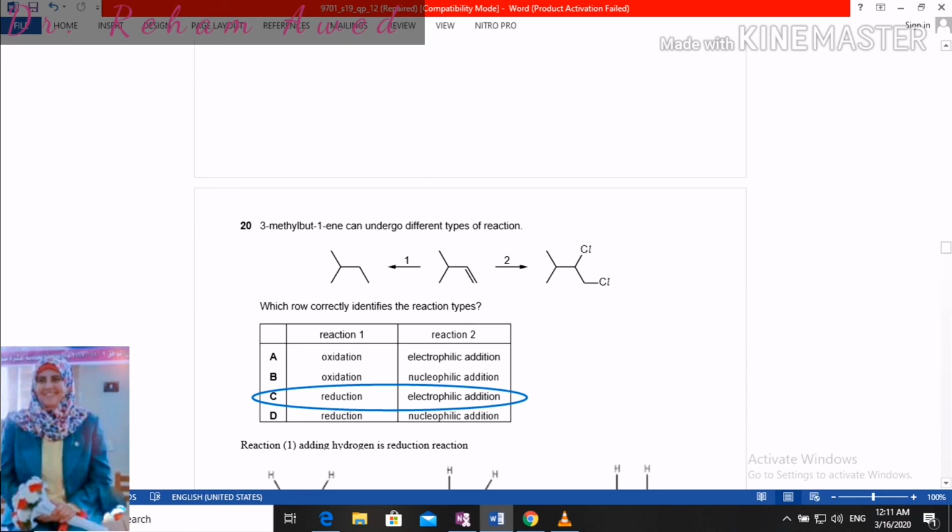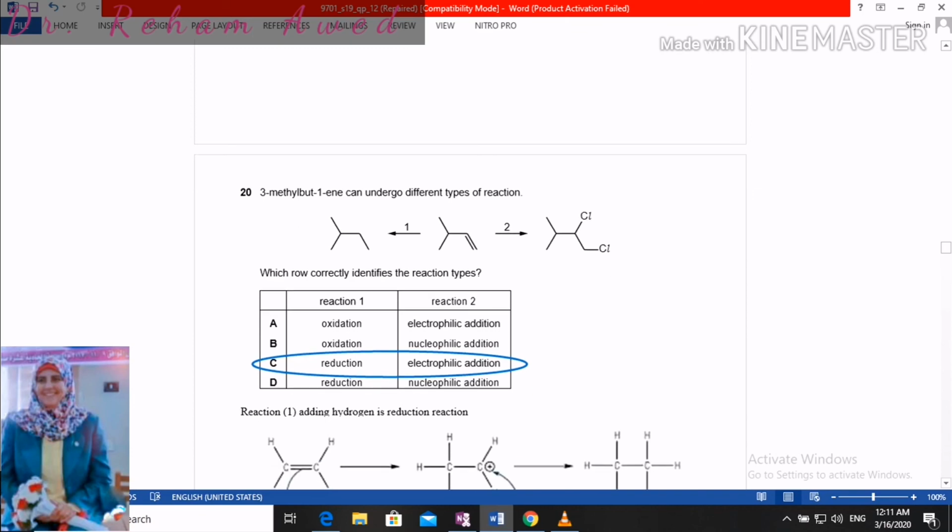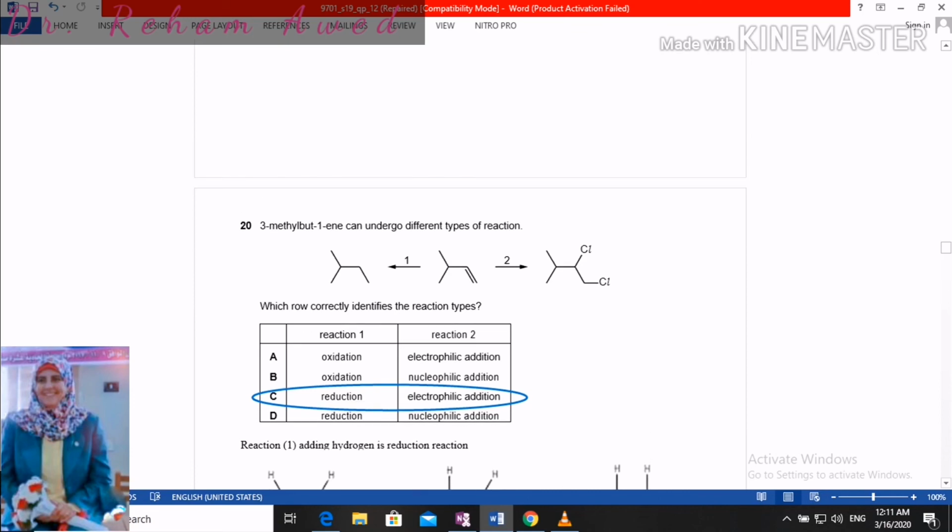So during the chemical reaction, we add hydrogen. We convert an unsaturated compound, an alkene, into a saturated compound. Adding hydrogen in any chemical reaction is known as reduction. Adding hydrogen is reduction. Adding oxygen is oxidation.